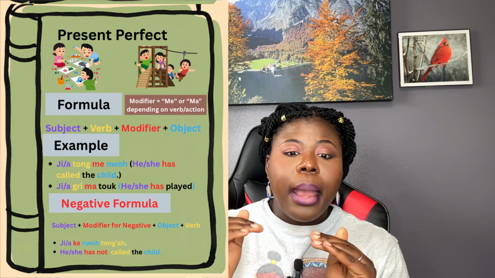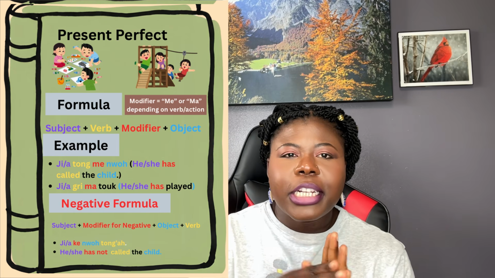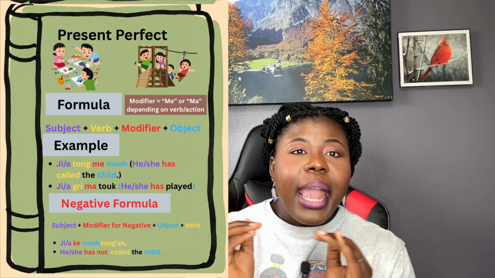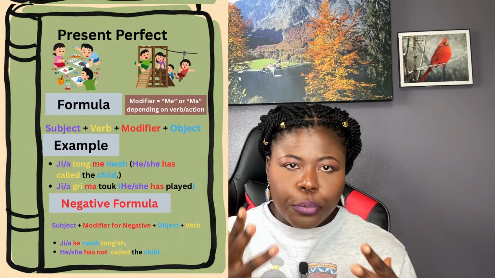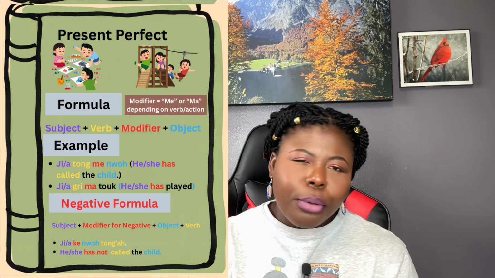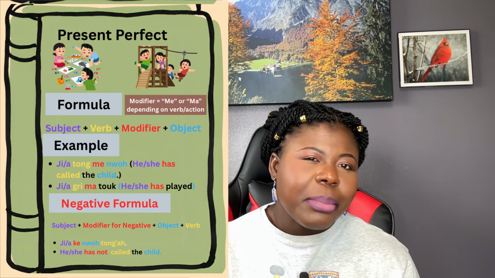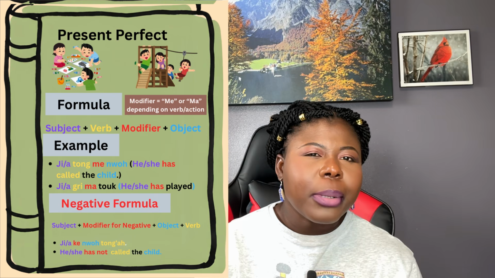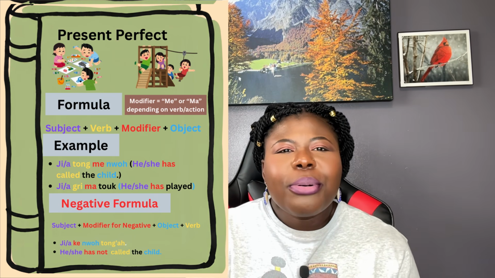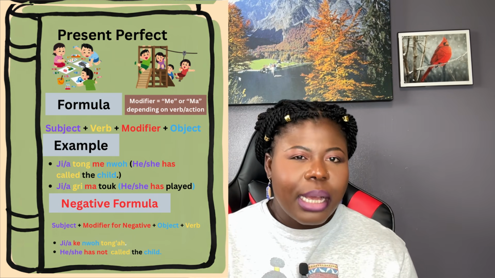It's a little weird in the sense that the modifier is not always the same. It can be me or ma, and it's based on the flow of things. And so if you're speaking and you make a mistake and you use either or, somebody will probably correct you, or you will be like, that sounds a little off.